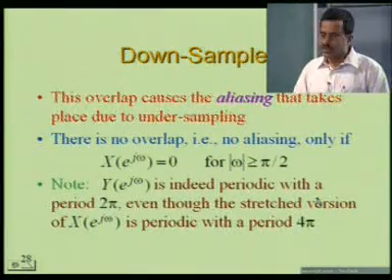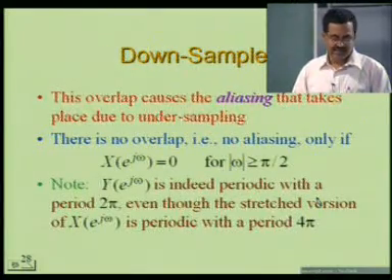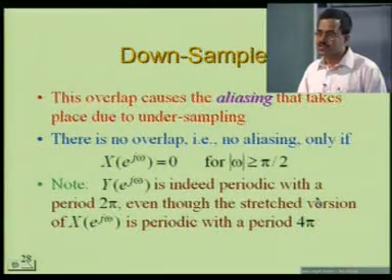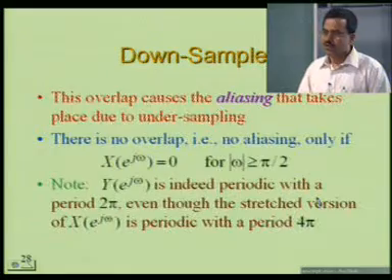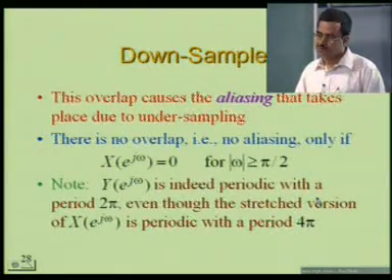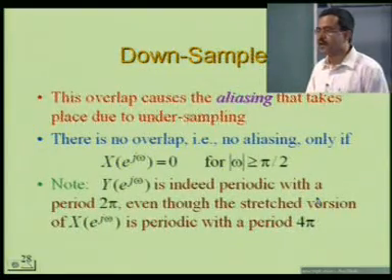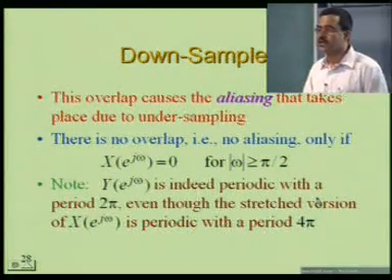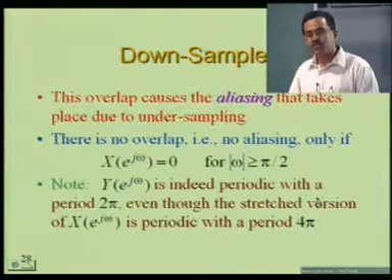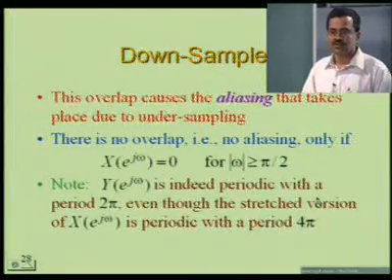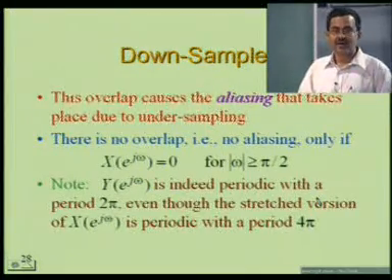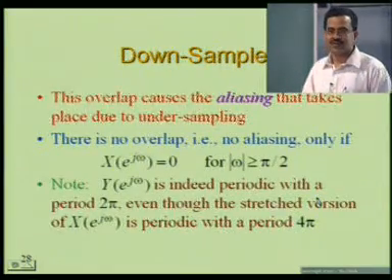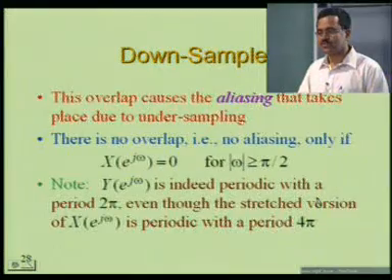There is no overlap, that is no aliasing, only if X(e^jω) is equal to 0 for absolute ω greater than or equal to π/2. So, you have to impose this condition. How to impose this condition? It has to be passed through a low pass filter with pass band 0 to π/2.